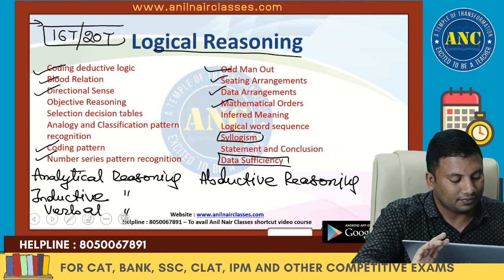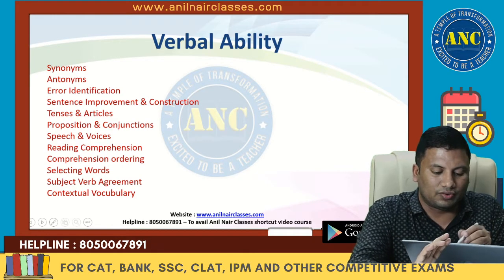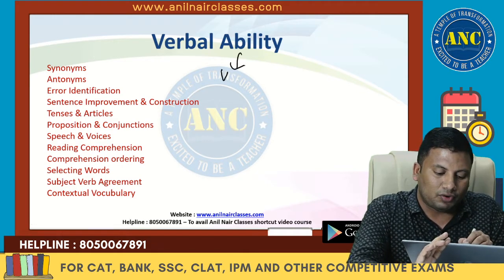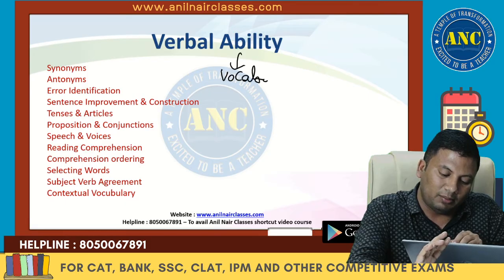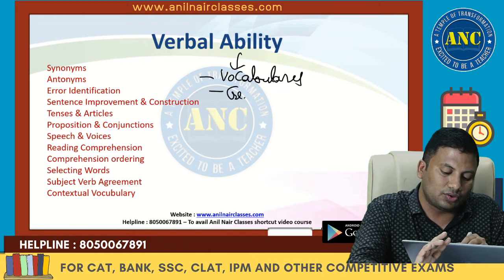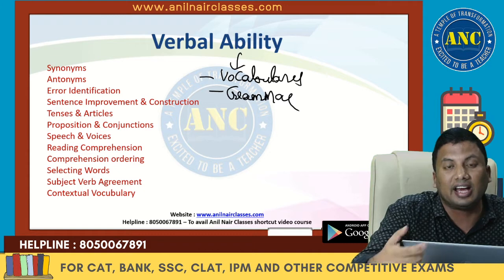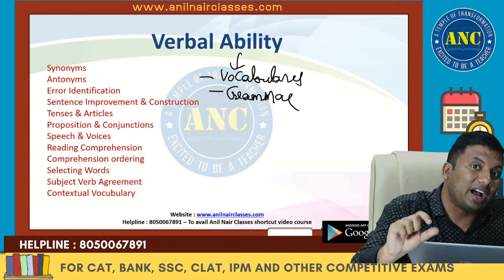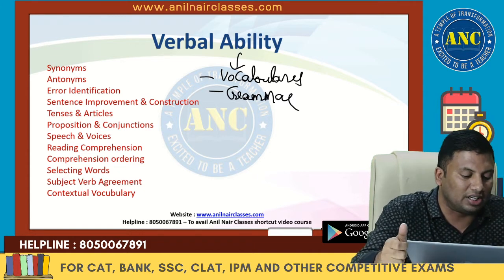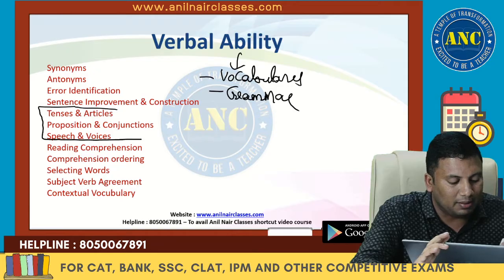Next comes verbal ability. As usual, a good number of questions come from vocabulary. Vocabulary is one area where a good number of questions will come. As usual, grammar will come, right? And especially in the Mphasis paper, active voice and passive voice, direct speech and indirect speech, conjunction based, preposition based, tense based, all these questions are extremely important for you.